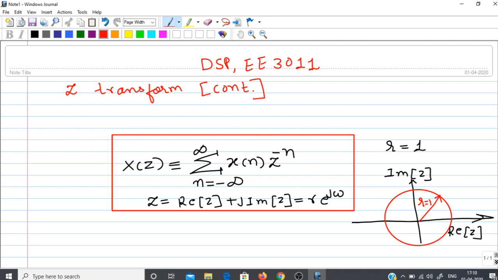So r equals 1 represents a circle of unit radius with center being the origin in the z plane.